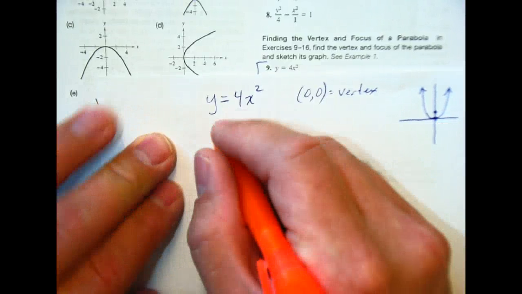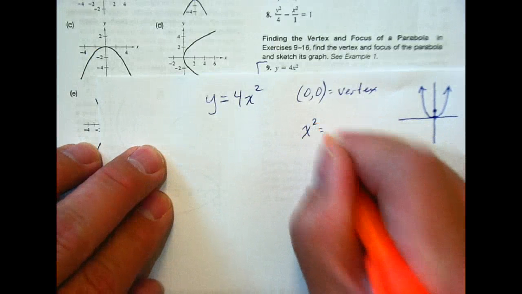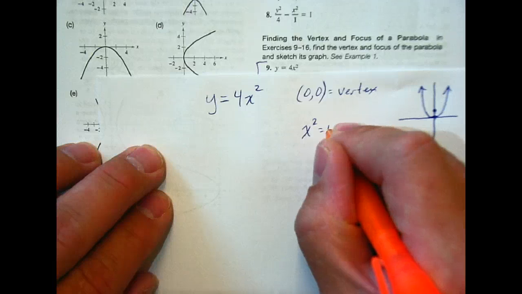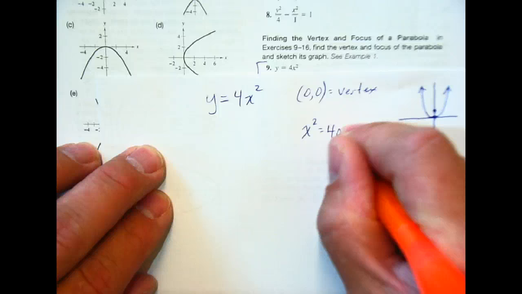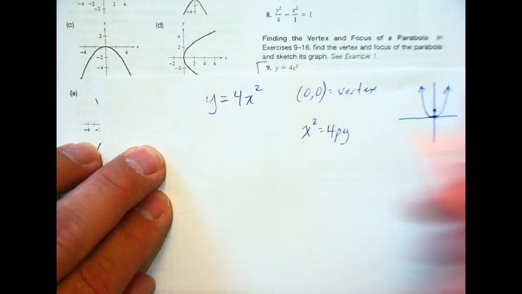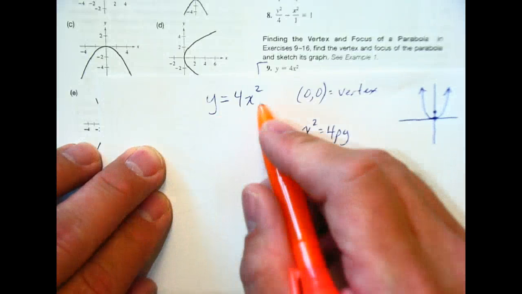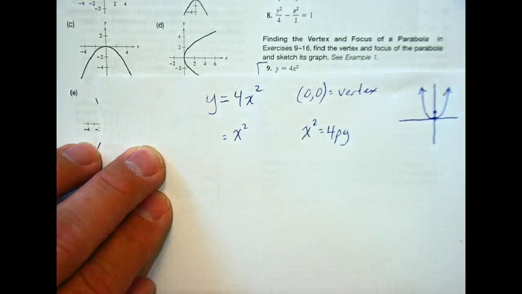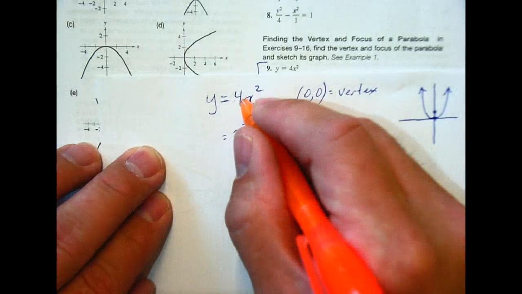So we know the equation: x squared is equal to 4py. Right now, we should get x squared alone. So move that 4 over to the other side to get x squared equals 1/4 y. Multiply by the reciprocal.